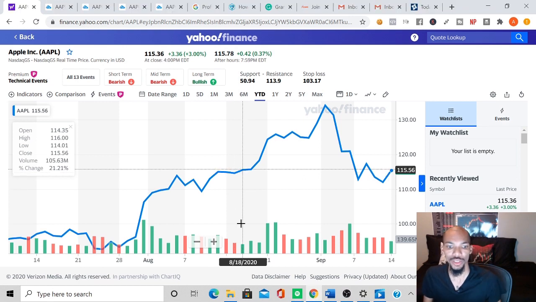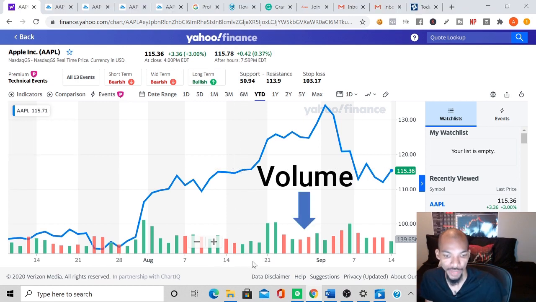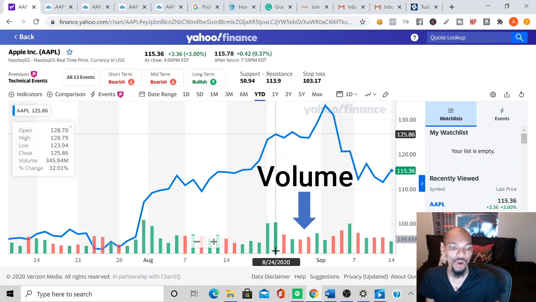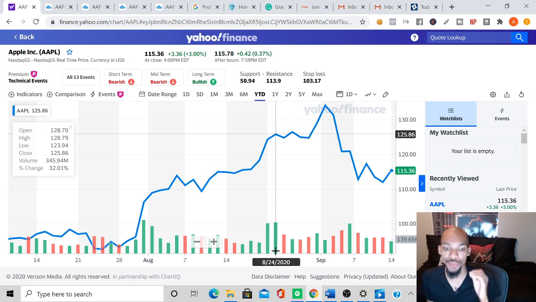The next thing we have is the volume, and that's what these bars show. All you really have to pay attention to is that the longer the bar is, the more trades are occurring.